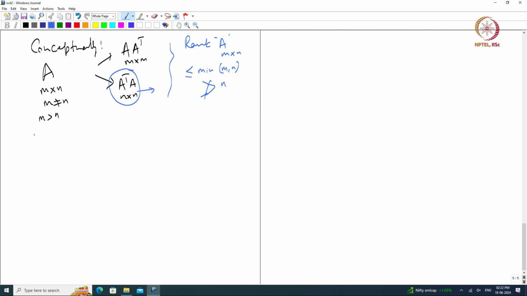So, what we do is we define singular value as the square root of lambda I squared, where lambda I is an eigenvalue of A transpose A, which anyways will have eigenvalues being square.